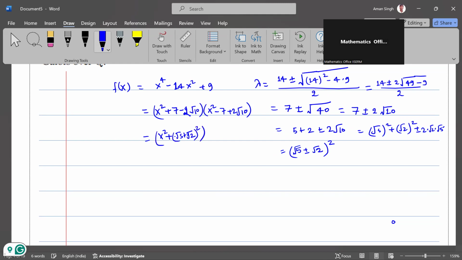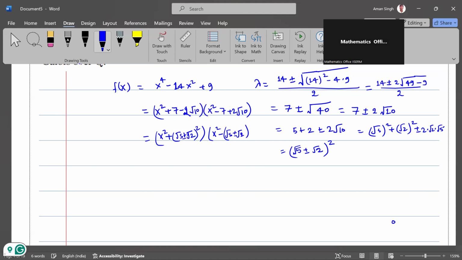This is one. Another is x square minus root 5 minus root 2 whole square.